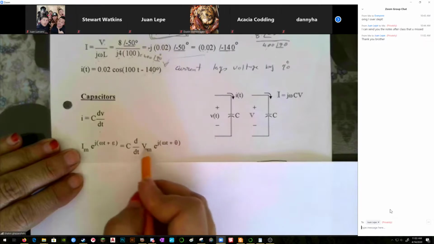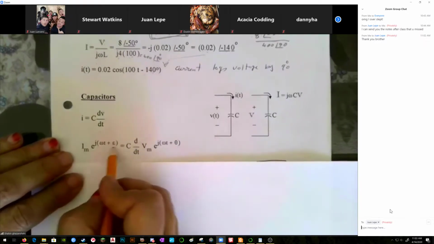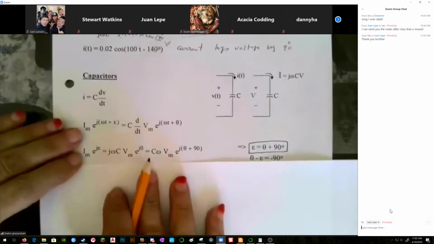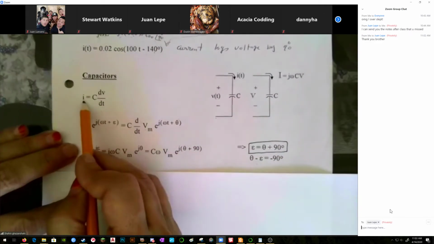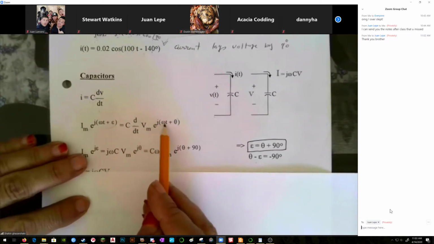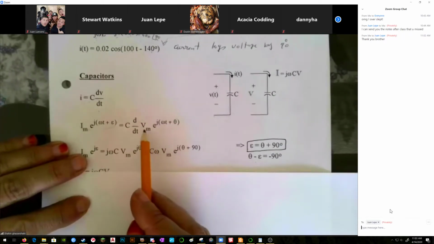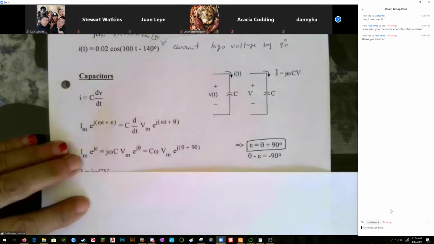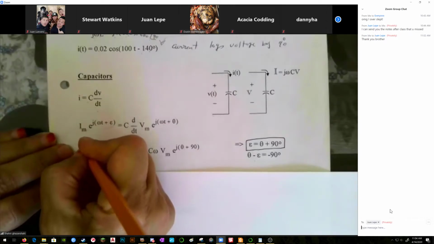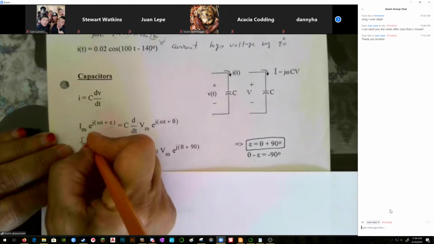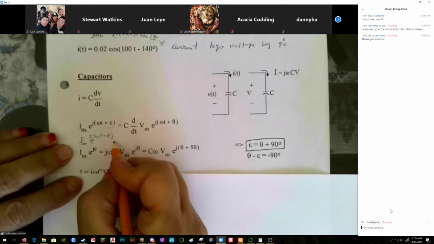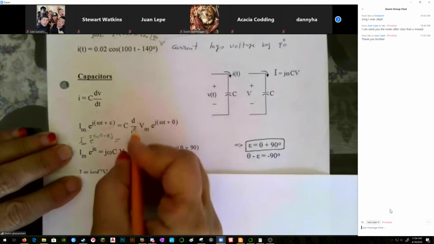Always in my derivation, I put this for voltage, this for current. So for the capacitor, current is the derivative of the voltage. We calculate the derivative of this one. I didn't write it for you, so let's write it. You write Im exponential. What is the derivative here?